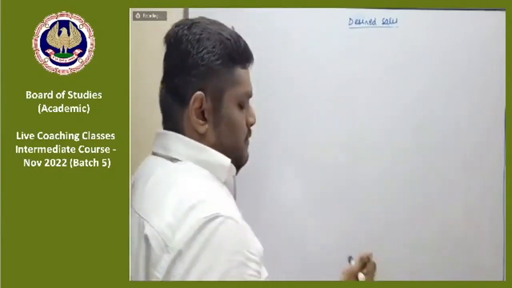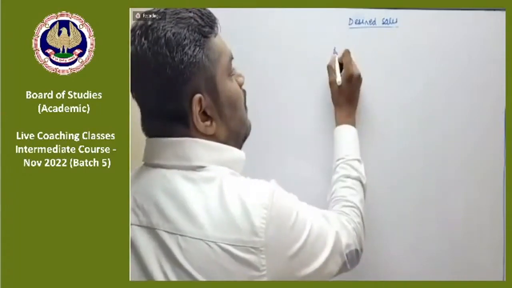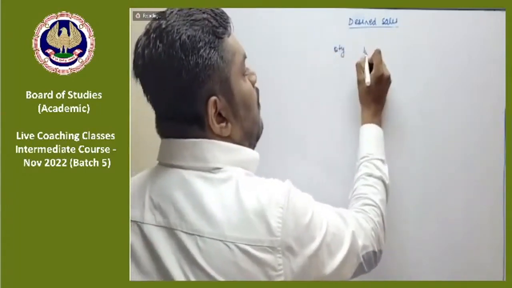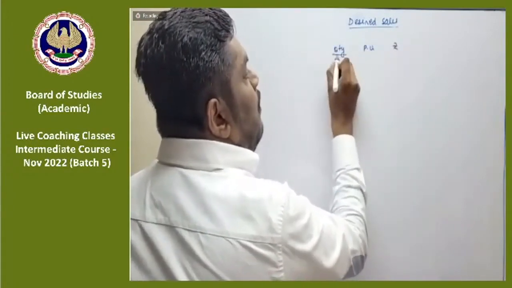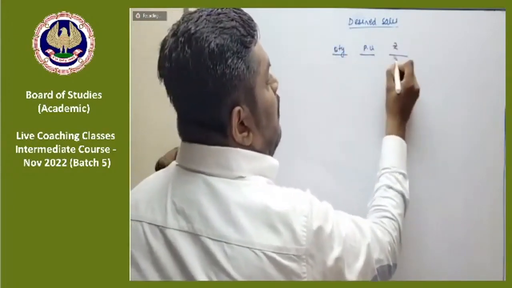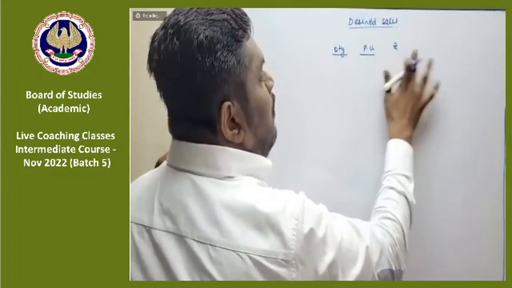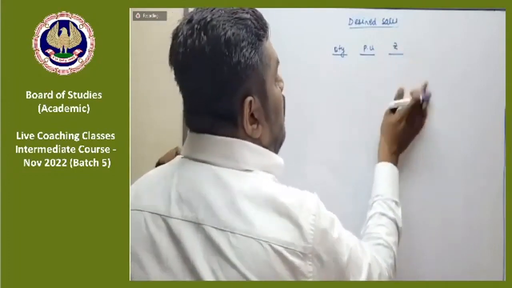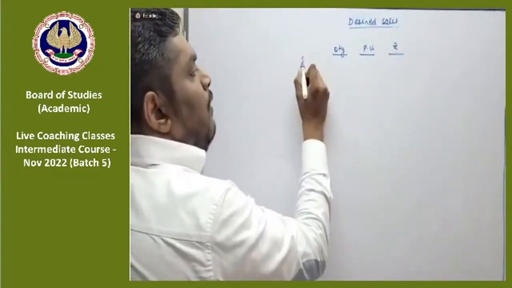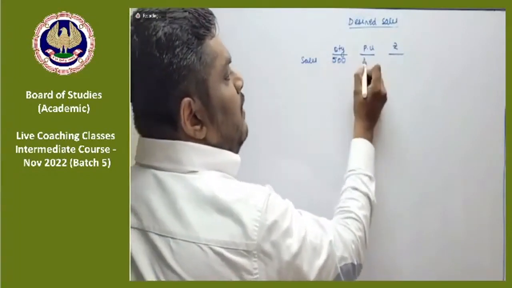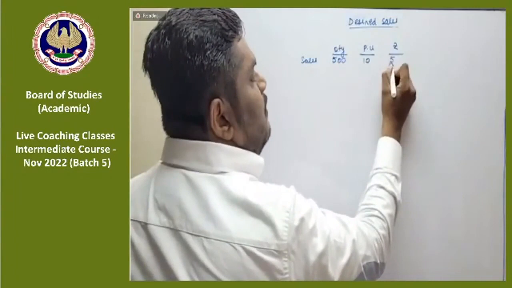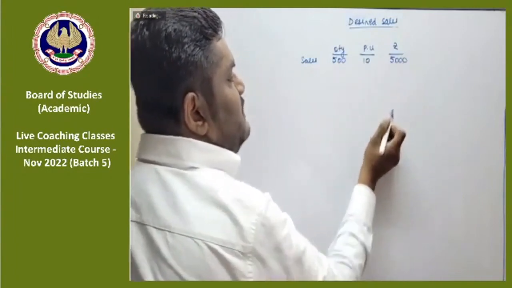Let's take one more question on desired sales. Let's say my sales quantity is 500, 10 is my selling price, 5,000 is my total sales.